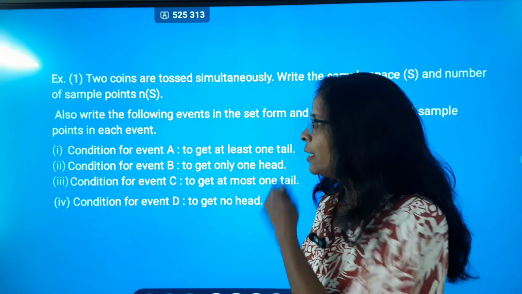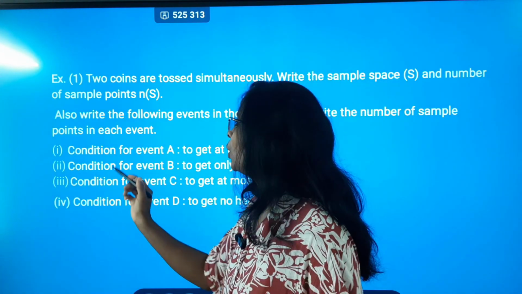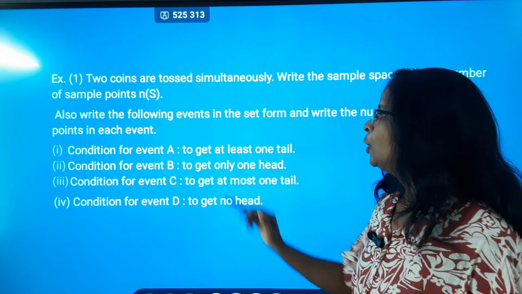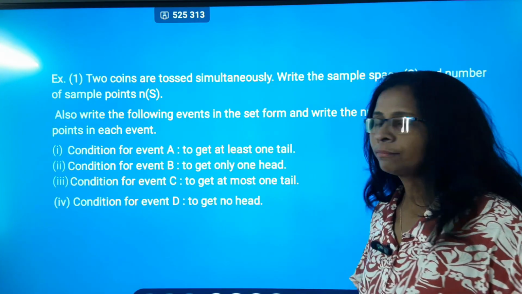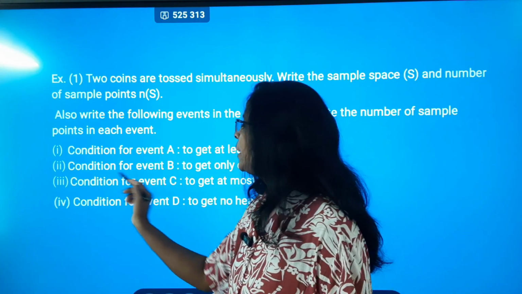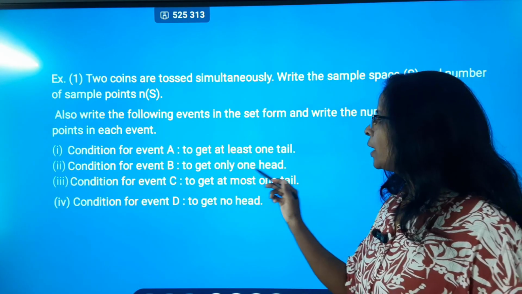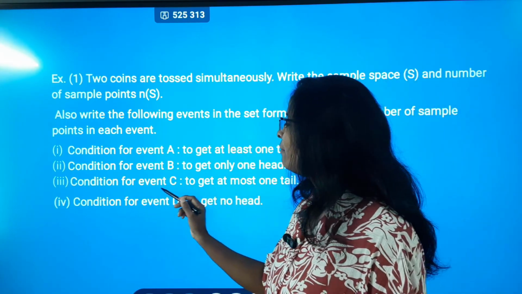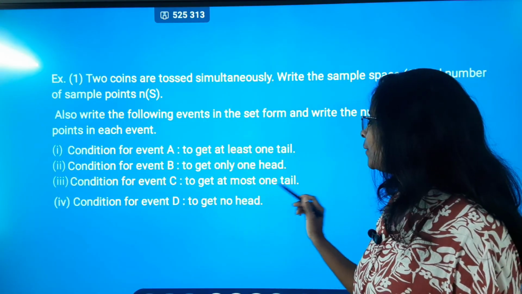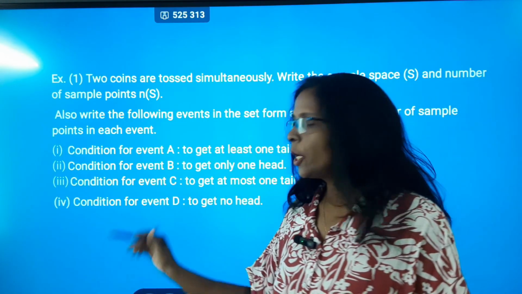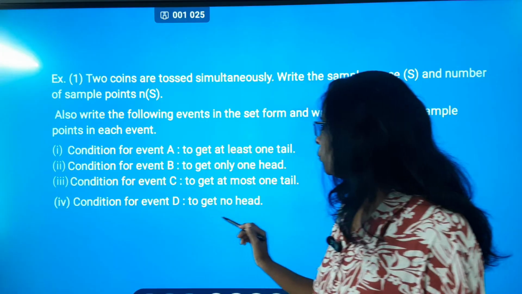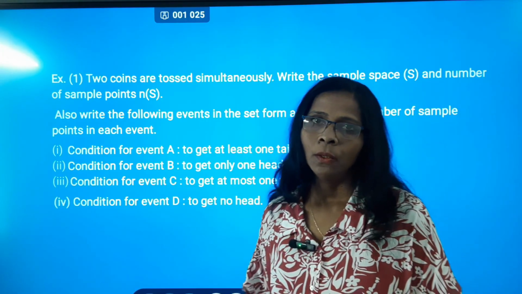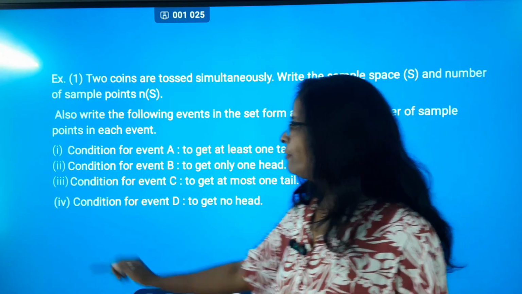The first, event A: get at least one tail. Second, event B: get only one head. Event C: get at most one tail. Event D: get no head.